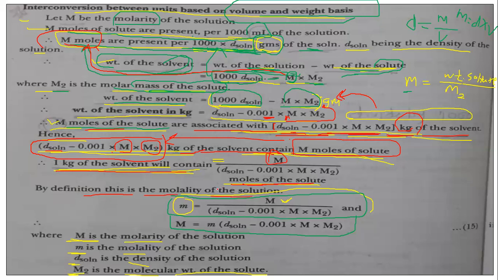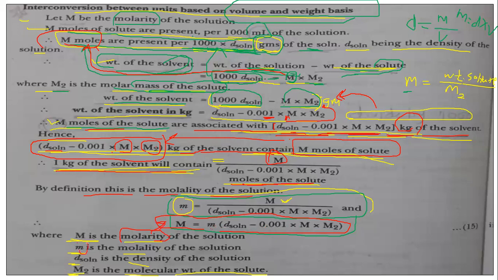By the definition, this is what? Molality of solution. So finally you can see here, m is equal to molality of solution into this equation. So small m, into density of solution minus 0.001 into M into M2. What is M? It is the molarity. Here it is a molarity.